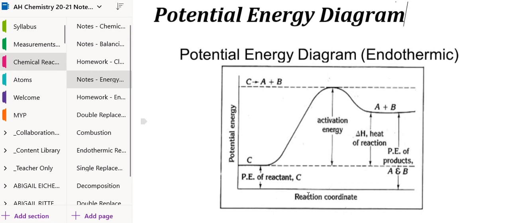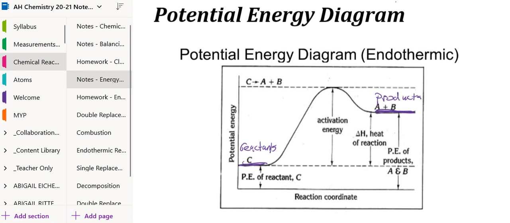So where we're going to start, if we're looking at reaction progress, what are we going to be starting with in a reaction? What do we call those things? Our reactants, right? And then if we look at this potential energy graph, we see that the potential energy is going up, and then it goes down just a little bit, and we get to our, what do we end up with?